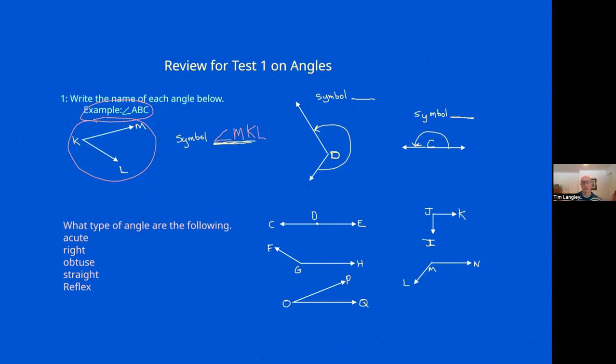Let's look at the next example here. I'm going to draw an arrow here pointing to what I'm talking about here on the screen, okay? Look at that and see if you can draw the symbol. Give you a couple seconds, right? What would you draw as a symbol if you were answering this? All right, here's what I would write. The angle symbol like this, and angle D. It's that simple, okay? That's angle D here.